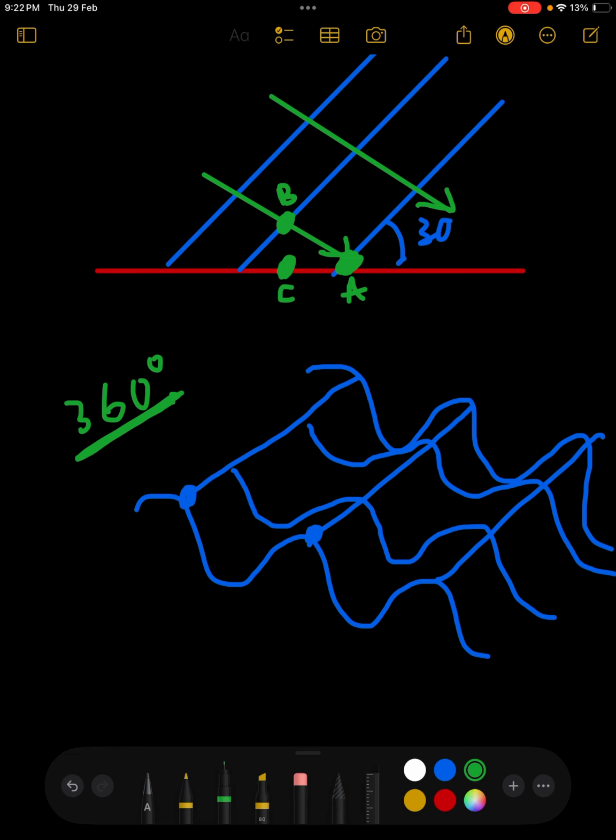But here we are looking for how much the particles at C, 5 centimeters from A, are lagging behind those particles arriving at A.